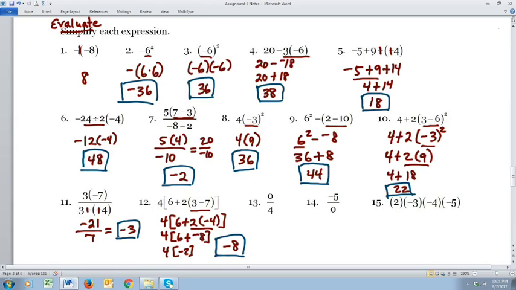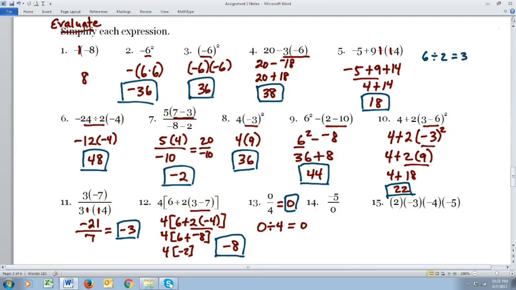All right, on number 13, you should have gotten 0. We said previously 0 divided by any number is 0. Let me show you why, or let me give you some justification. Notice I could write this as 0 divided by 4 equals 0. So I want to show you something up above here.